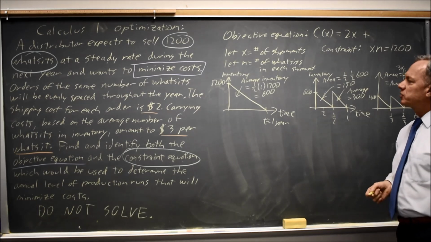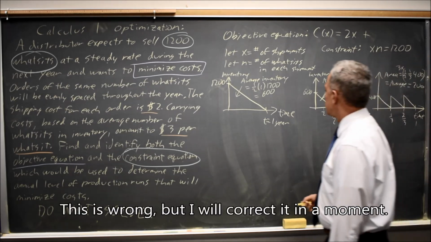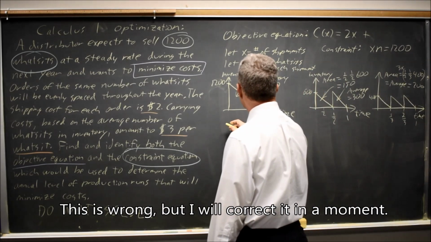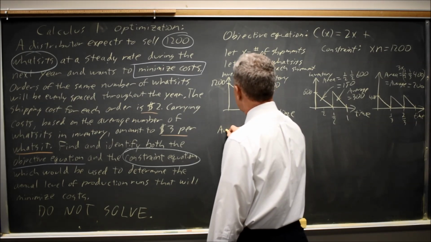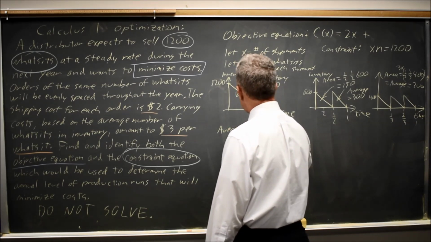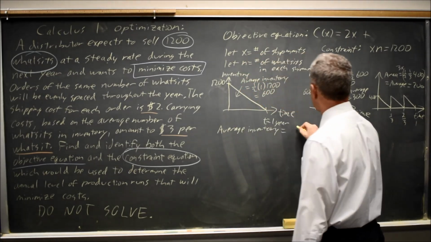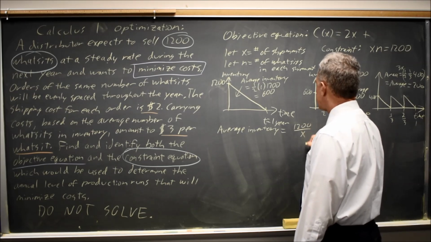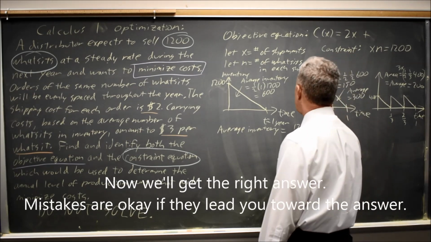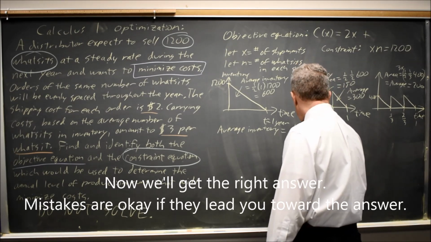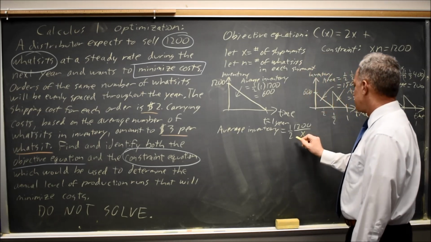My average inventory is 1200 over X, where X is the number of shipments. I think I'm fairly safe in generalizing. So 1200 over X, where X is, no, it is 1/2 of 1200 over X. So X equals 1, I got 600, that works.